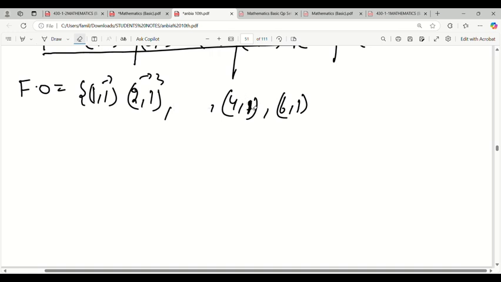See, 1 comma 1 is 2, 3. No, not 3 comma 1 actually. 5, 7.